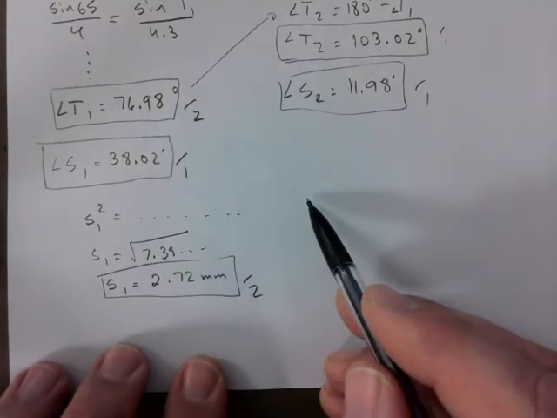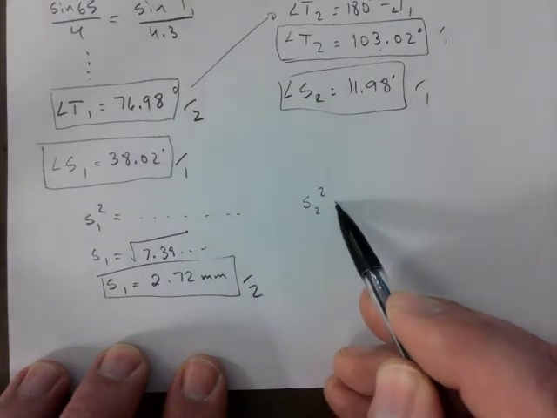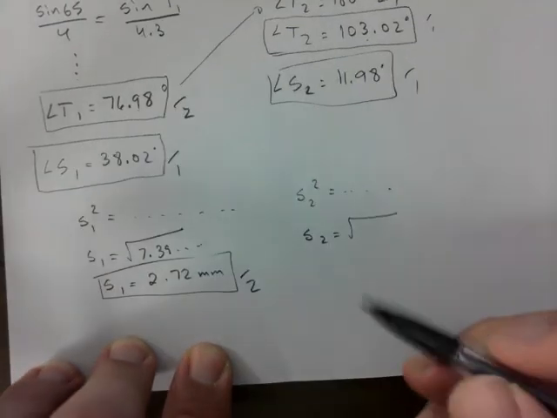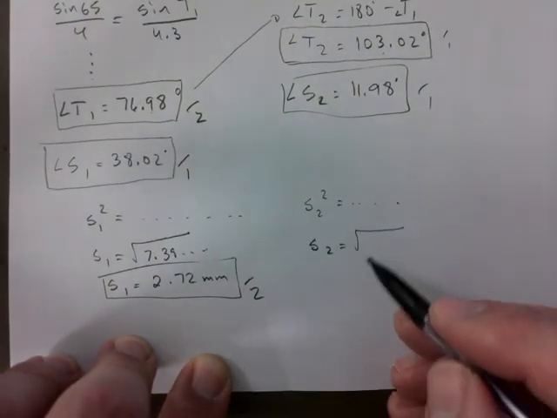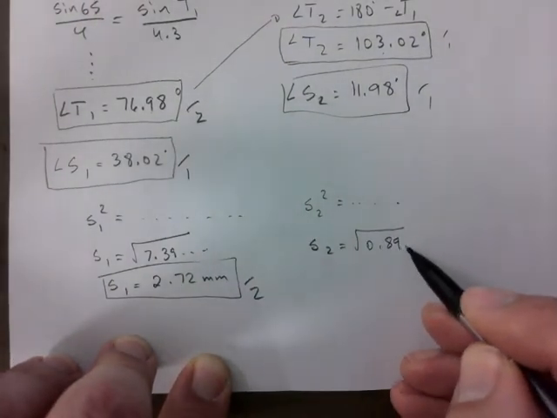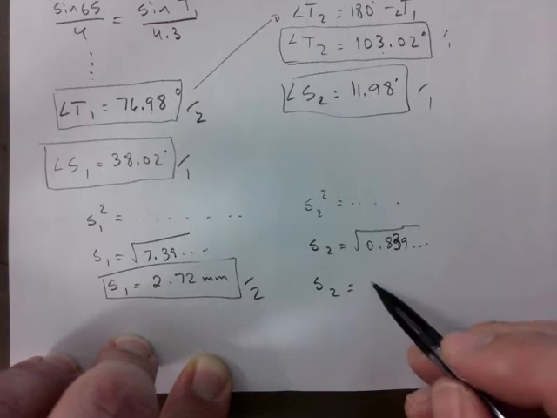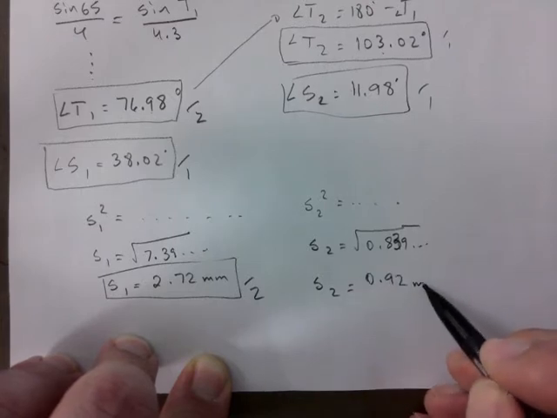And for S2 squared, you would do a whole bunch of stuff. S2 is square root of 839. Yeah, as I said, 839. So S2 is 0.92 millimeters.